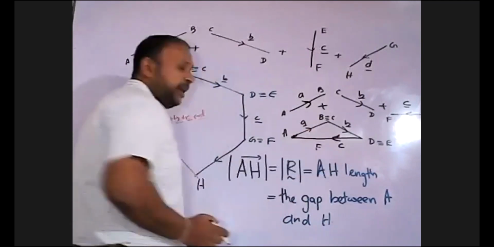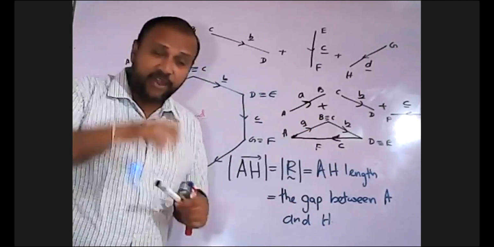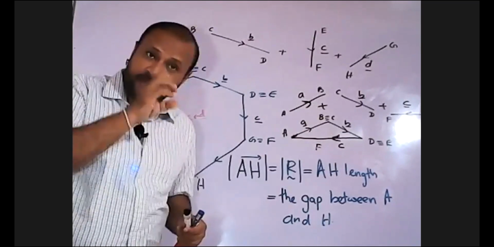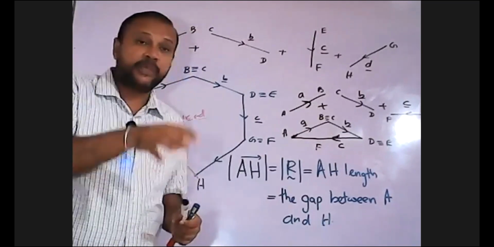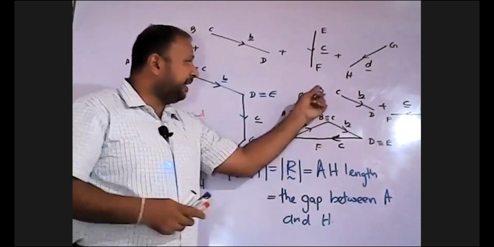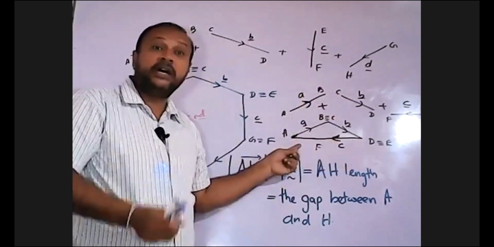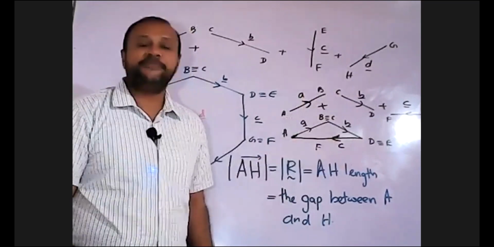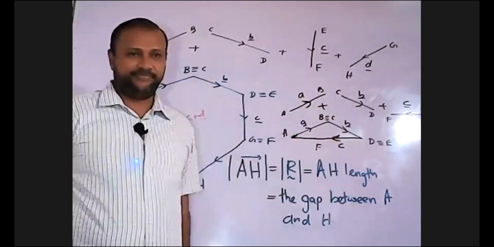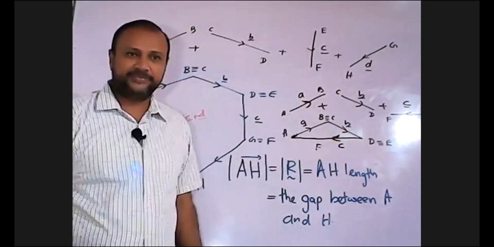That means if the resultant vector of a vector system is 0, when you coincide the starting points and the end point, you will have a complete polygon without any gap. Do you understand the thing?